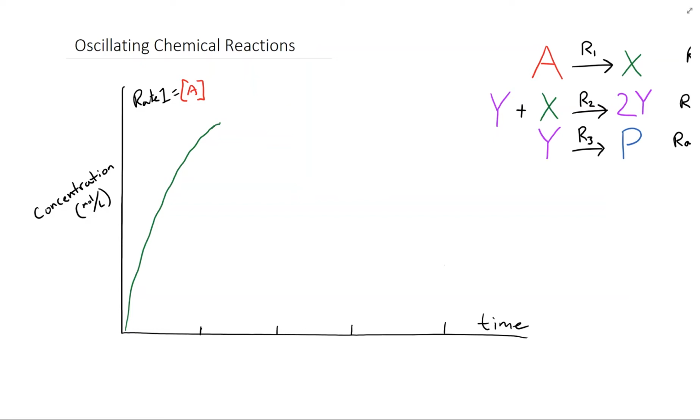Look at what happens when we produce a lot of X. Look over here to the right, and we see that as a lot of X is produced here, and as we have a higher and higher concentration of X, we go into reaction 2 here. So rate 2, as we remember, is based upon what two concentrations? Rate 2 is based upon the concentration of X as a reactant and also Y as a reactant.